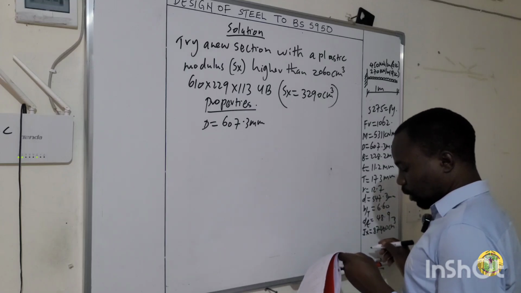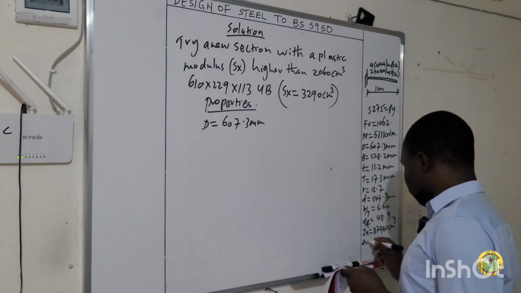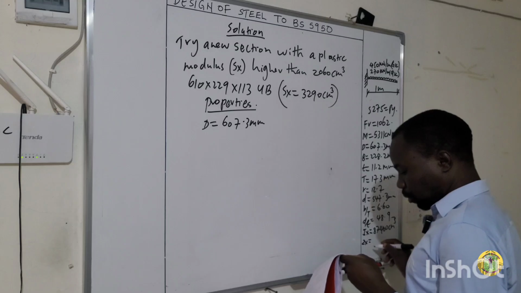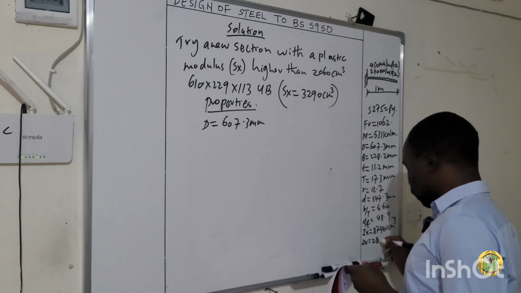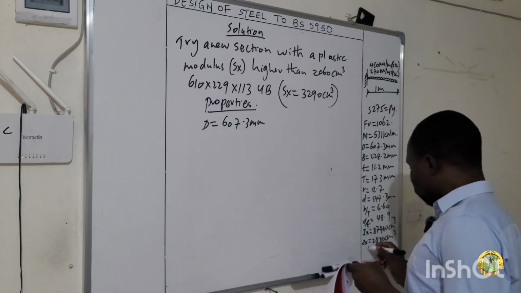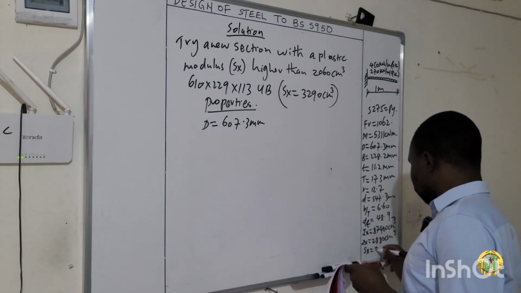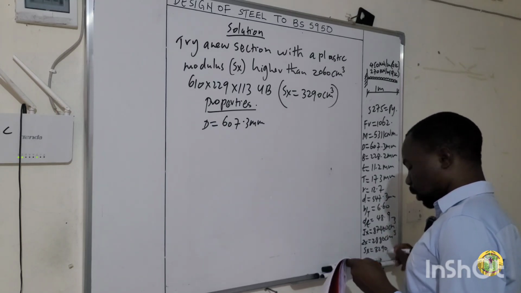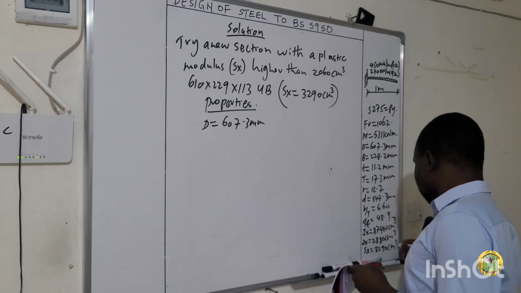We have ZX is equal to 2880 centimeter cubic. And then of course we have the plastic modulus is equal to 3290 centimeter cubic.